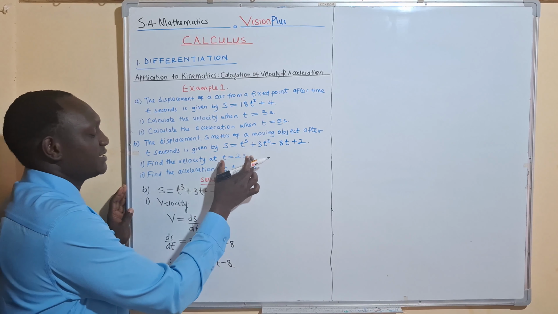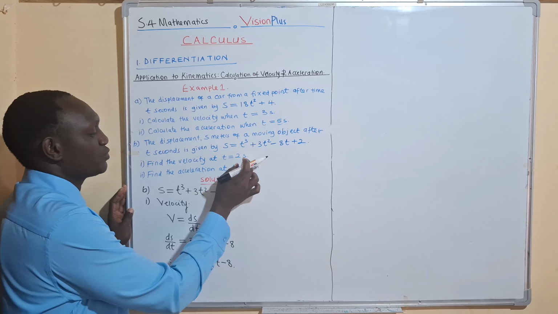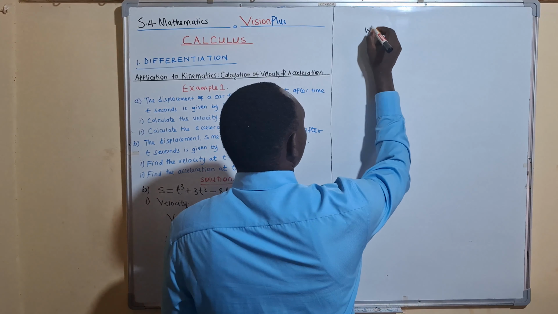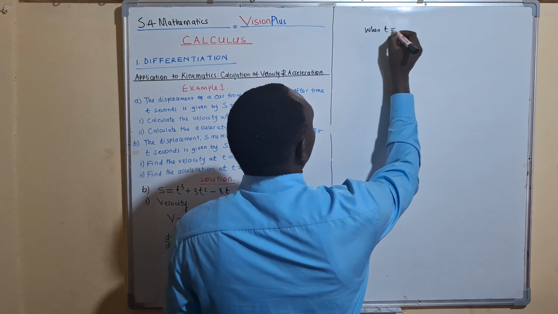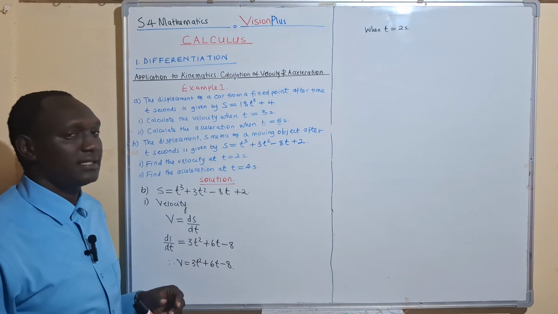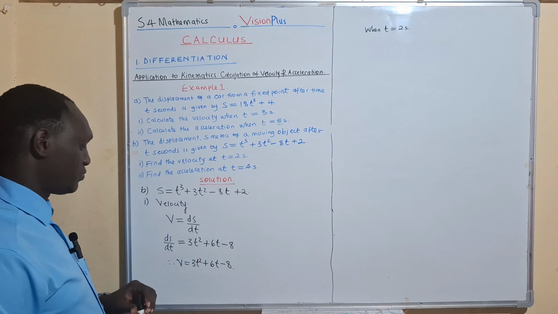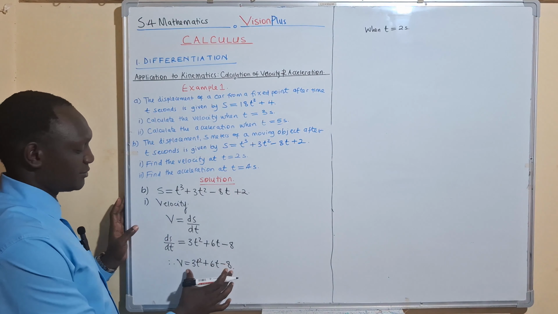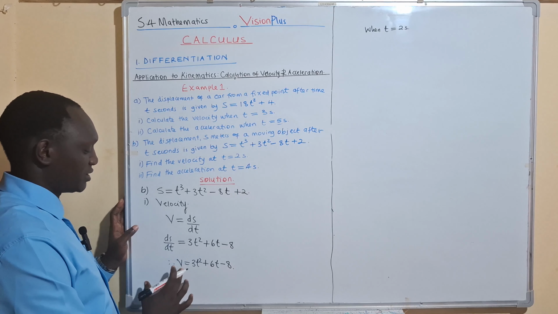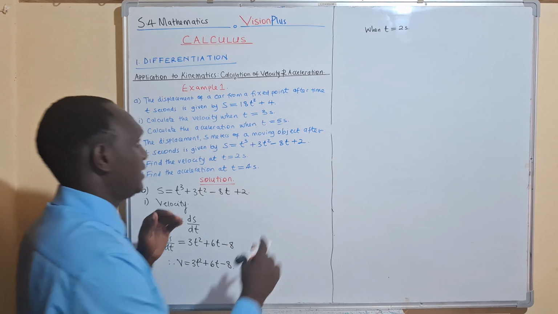But now the question says at t equal to 2 seconds. Now, when t is 2 seconds, what is now the velocity at that time? You simply substitute that time in the general expression for velocity at any time t.